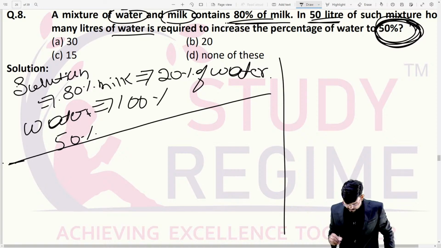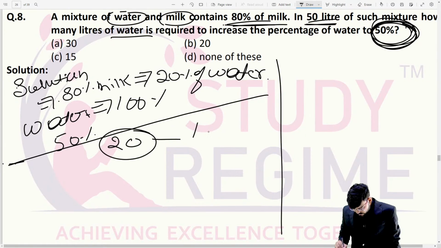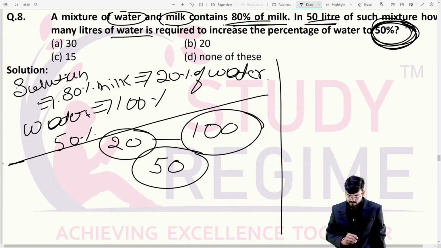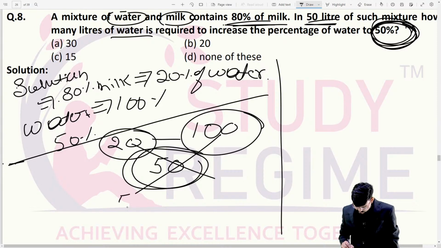Let's take the quantity of water as 20 in part A, part B is 100, to make the mixture 50. Clear? Now you will subtract, you will get 50 and 30.